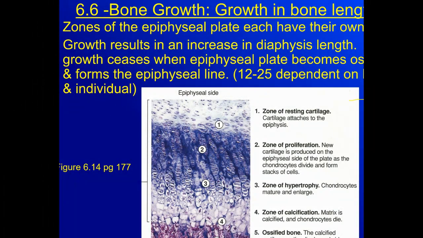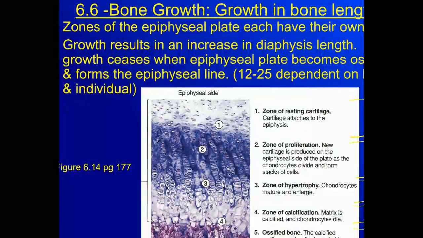In this picture here, I've got a zone of resting cartilage, a zone of proliferation, a zone of hypertrophy, a zone of calcification, and ossified bone.